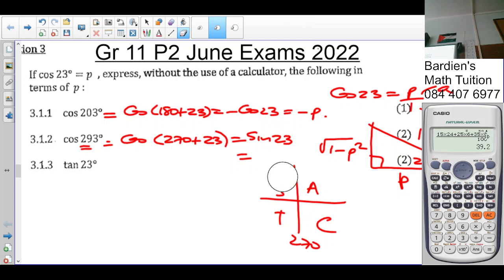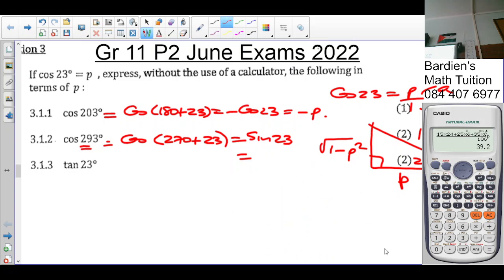Sine 23 is opposite over hypotenuse, so it's going to be the square root of 1 minus P squared over 1. So the square root of 1 minus P squared. Or you could have said it's going to be cos of 360 minus, I think it's 67. Let's check it. It's 67. Yeah. Then you're going to use this angle here, that is 67.